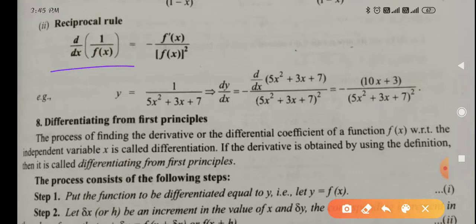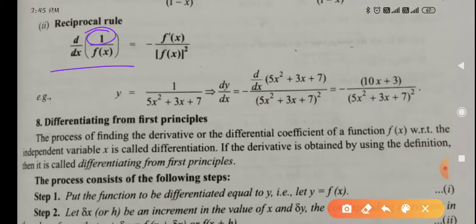Now the reciprocal rule, this rule also you can see: d upon dx of 1 upon x. You can apply this u upon v formula also in this case, but in the previous case I told you u and v are functions of x. Here in the numerator 1 is given and in the denominator a function of x is given.